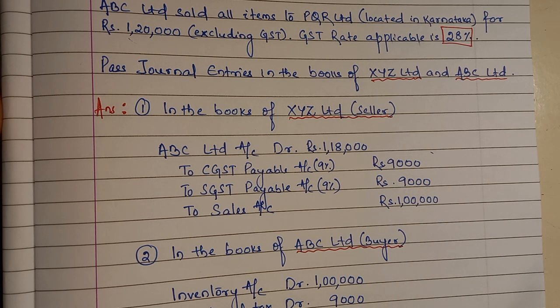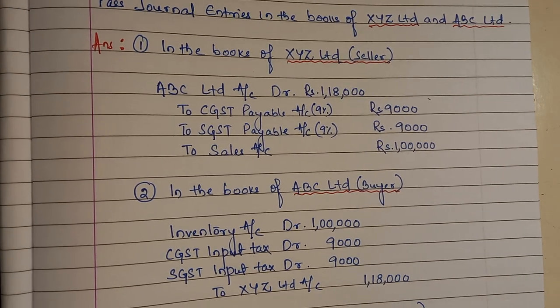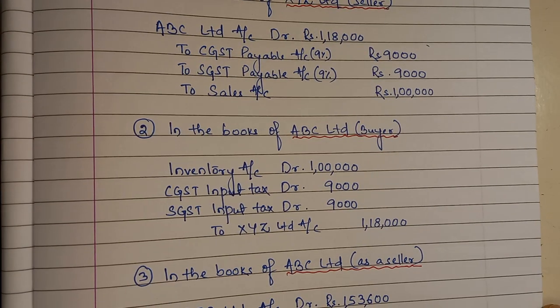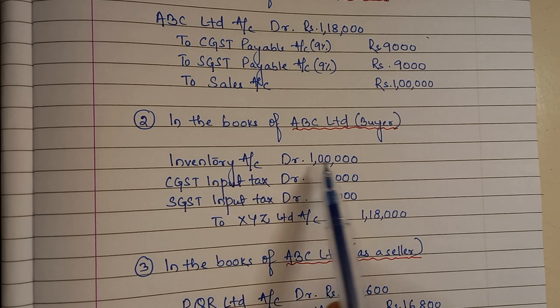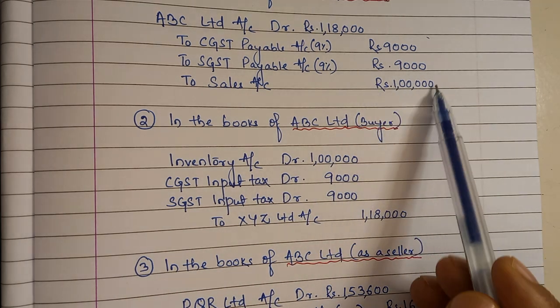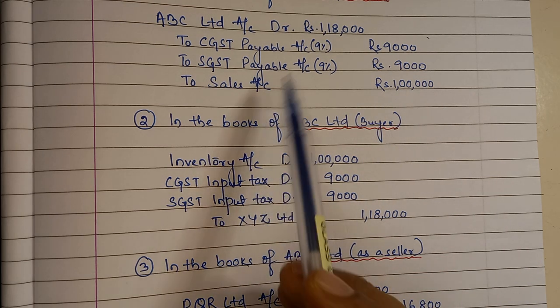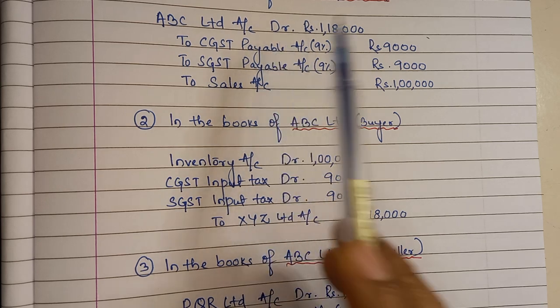Now, when XYZ remits this money, ABC Limited gets the right to claim this money as tax credit, correct? Now, what is the entry ABC Limited is going to post when he buys this material? Inventory account is debited rupees 1 lakh, which is equal to the sales reported by XYZ. Here it was CGST payable and SGST payable, because XYZ is collecting and remitting to the government.